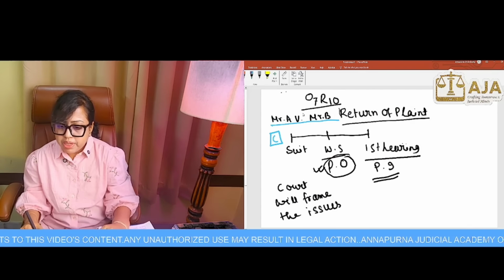So the plaintiff is saying something and the defendant is denying. On this controversial point, the preliminary issue will be framed, and obviously the court will frame it.